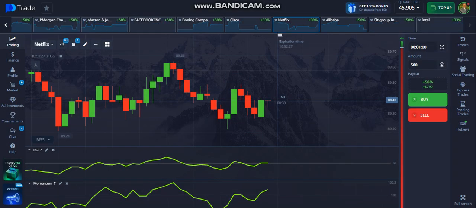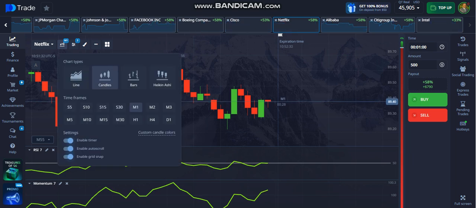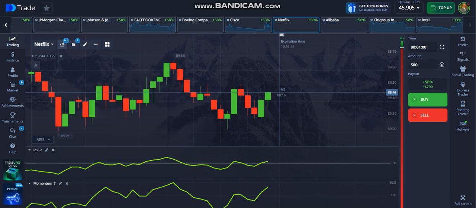And for my candlestick chart, I have my candle set to regular Japanese candle, 1 minute Japanese candles. And for my trade timer, I'll be utilizing 1 minute candles. I'm going to be taking 1 minute trades or 60-second trades.